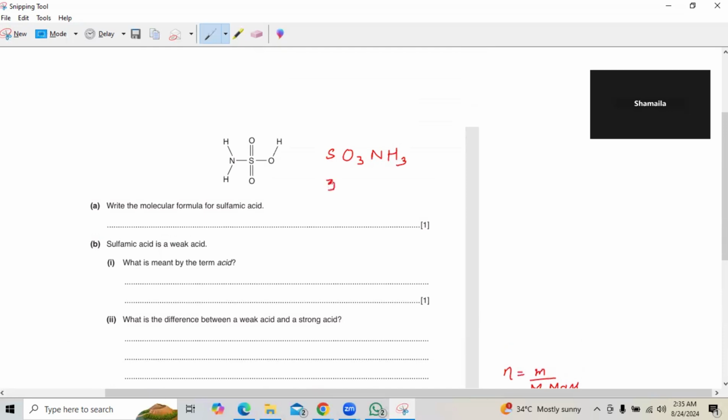So let's calculate it. Sulfur is 32, oxygen is 16 into 3, plus we have 14 for this plus 3. सो जी बेटे क्या क्या आ रहा है इनको ऐड करके? 48 प्लस 17.